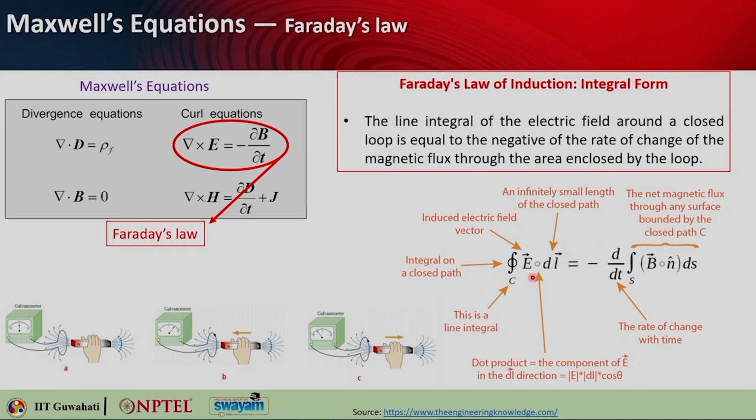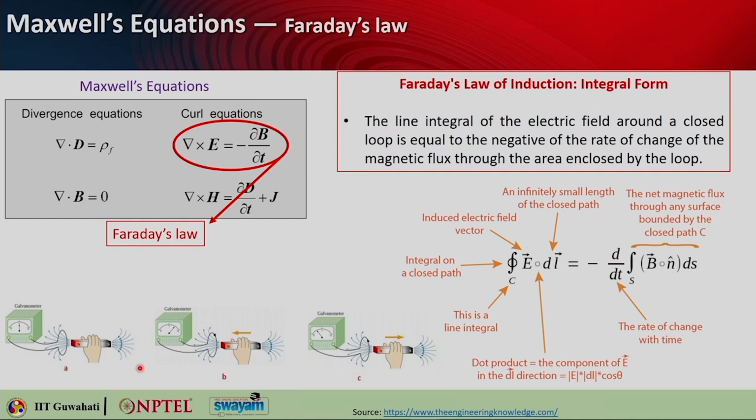It says that the line integral of the electric field around a closed loop is equal to the negative rate of change of the magnetic flux through the area enclosed by that loop.